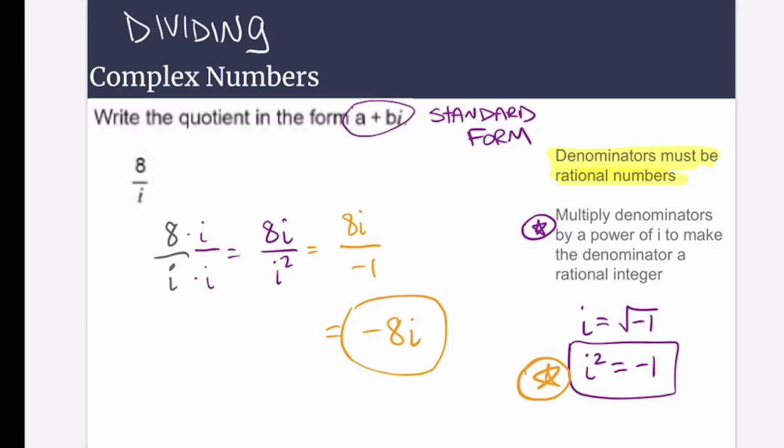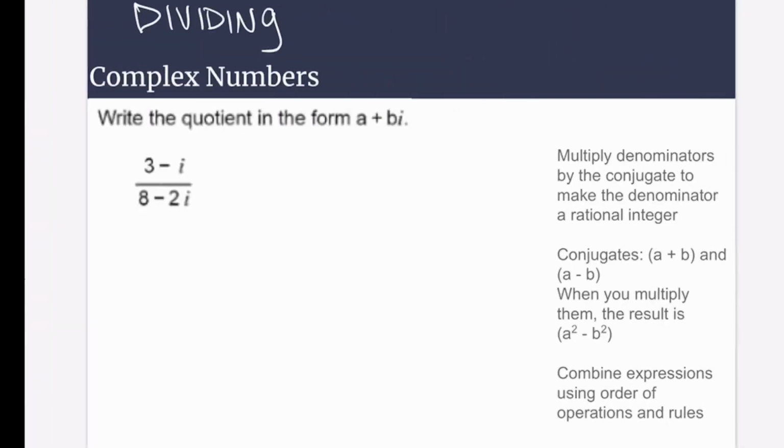Now let's do another one that's a little more complicated. The direction is the same. We want to write this in standard form, a plus bi, so that when we're done, we have our constant term, and then the coefficient for the imaginary term second. Now this is a fraction with a binomial denominator.